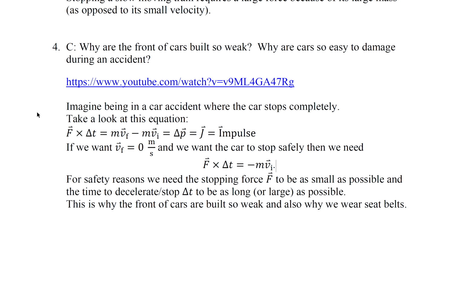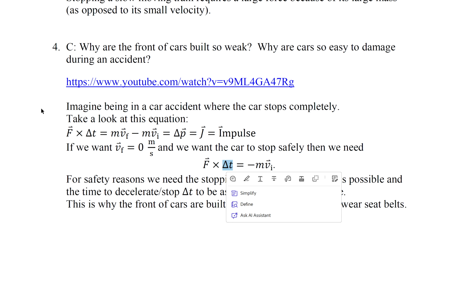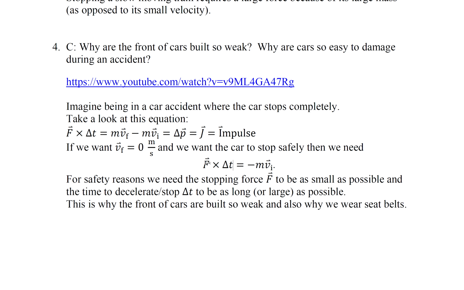For safety reasons, we need F to be as small as possible and delta t to be as long or large as possible. This is why the front of cars are built weak, and this is why we wear seat belts, because we want the time to slow down and stop to be big. So the force that we feel is incredibly small.